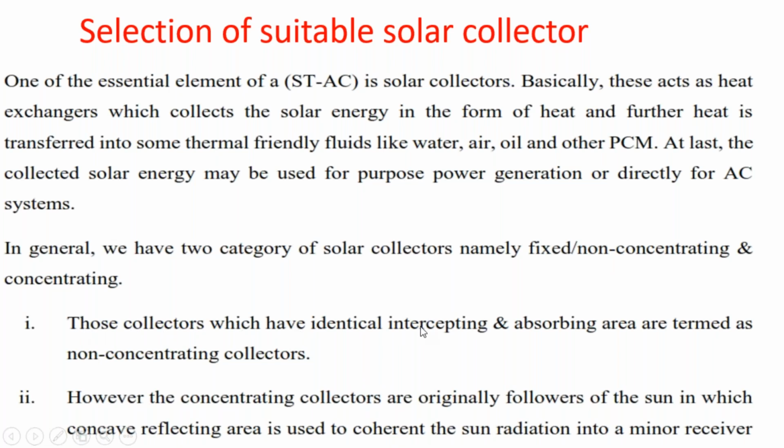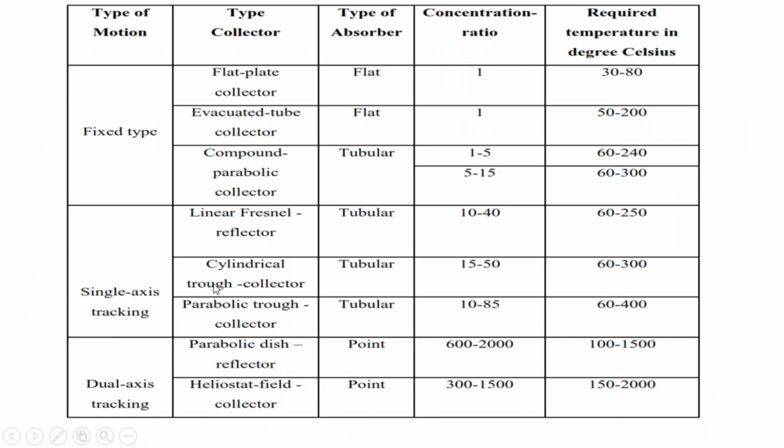Those collectors which have identical receiving and absorbing area are termed non-concentrating collectors. Now again, here we have different types of collector based on their motion and their tracking system, and different temperature ranges.